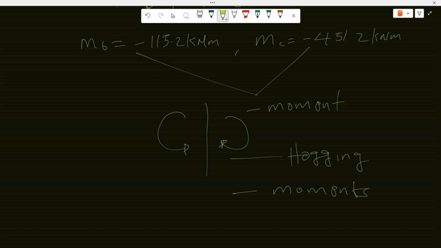So what this means is that at support B, we'll be having this, and support C will be having this direction of moment. What this means is that instead of having compression at the top and tension at the bottom in your bending stresses, you'll be having tension at the top and compression at the bottom.